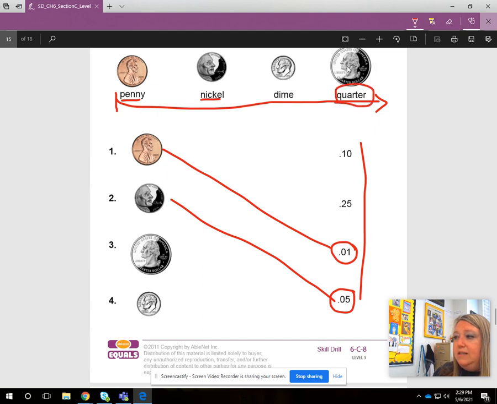The quarter is the biggest amount. So which is bigger, 25 or 10? I believe that 25 is the biggest. So we're going to draw a line from the quarter to the 25 cents. And the last one is our dime. Dime is worth 10 cents. So we're going to draw a line up here.